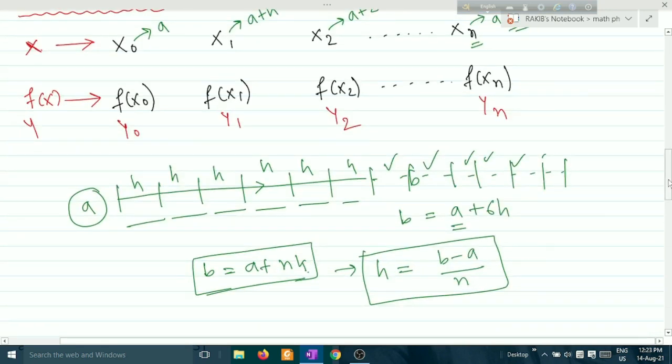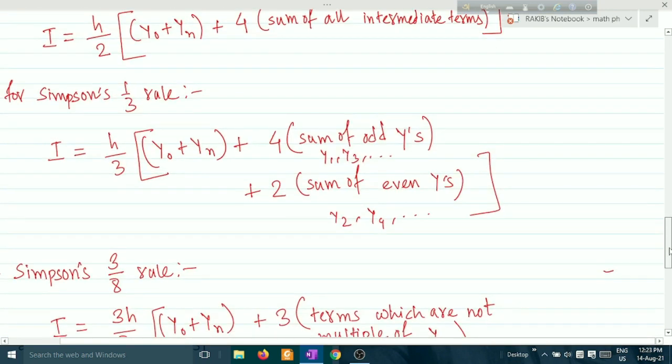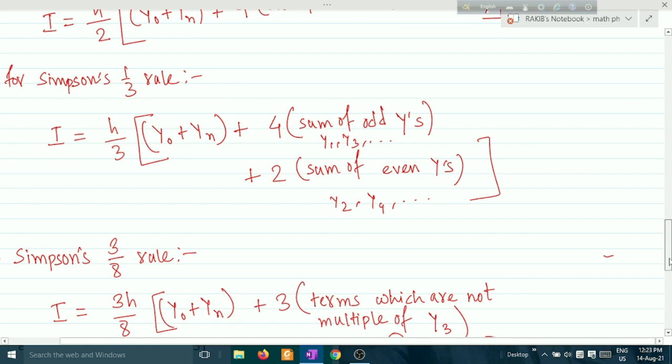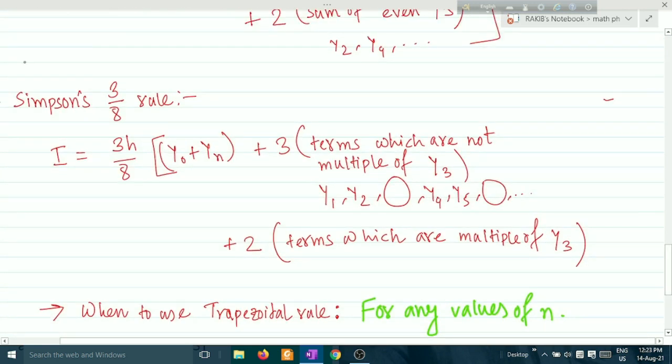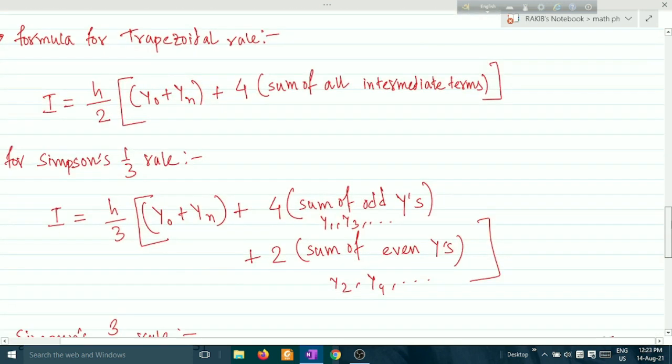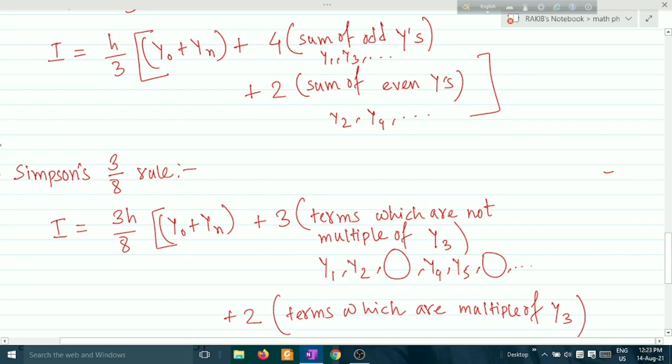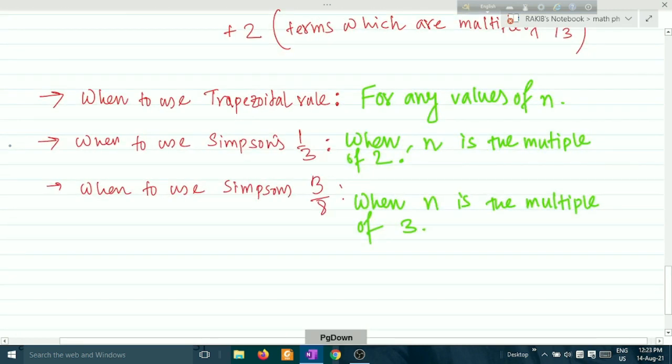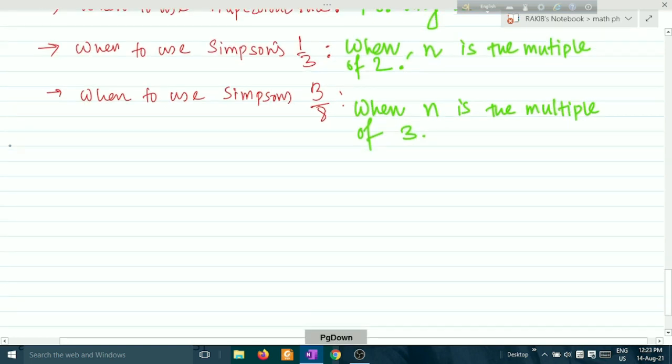So what we can see is that Simpson's 3/8 rule is the most accurate rule for obtaining integrations. This is Simpson's 3 by 8 rule, and it is one of the best methods of obtaining integrations.